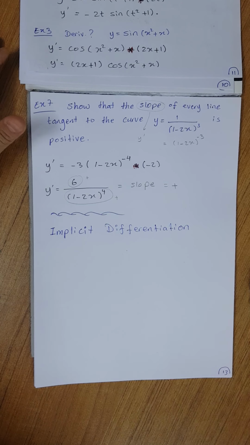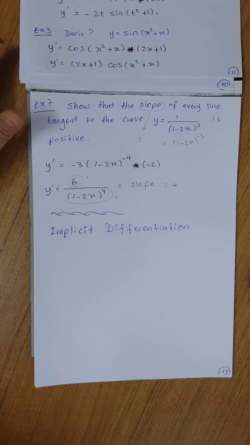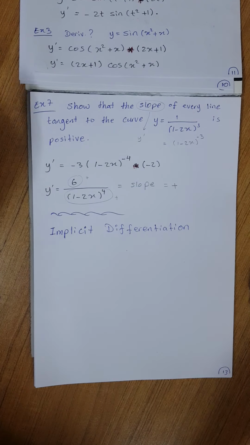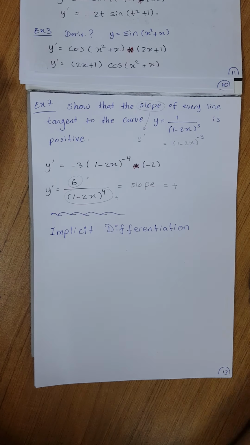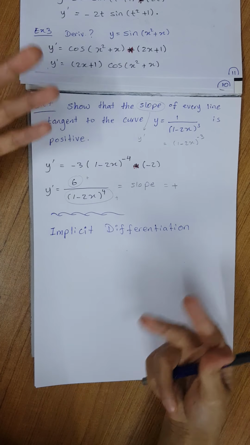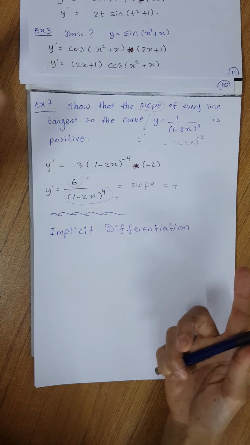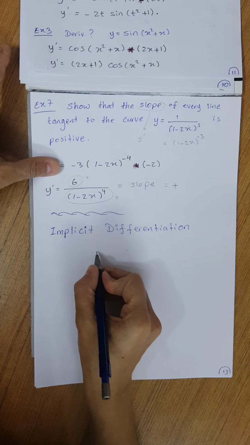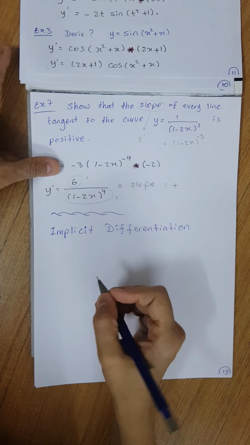So far we have studied explicit differentiation. Why is it called implicit differentiation? Why explicit differentiation? It depends on the function that is given to us. Because we've got two ways of writing functions. Either the functions that are given to us are explicit or implicit.